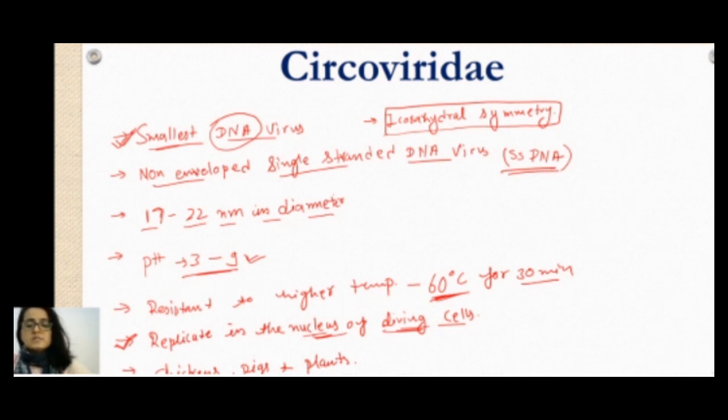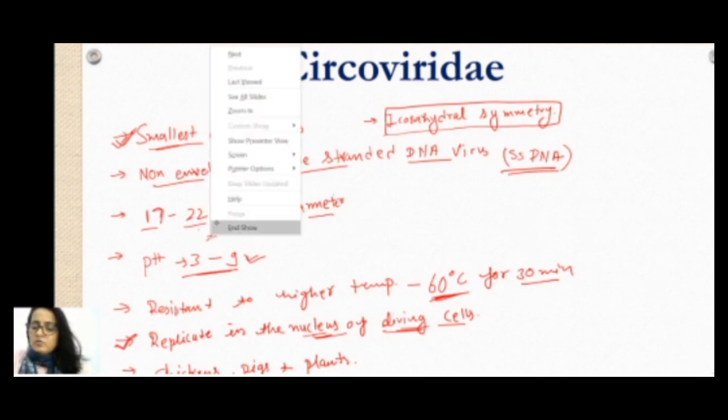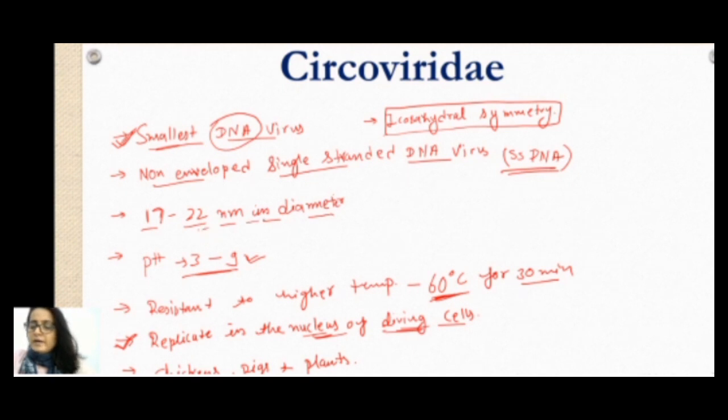Circovirus is the smallest known DNA virus. Circoviridae members are non-enveloped, single-stranded DNA viruses, 17 to 20 nm in diameter, and they grow in an environmental pH range of 3 to 9.